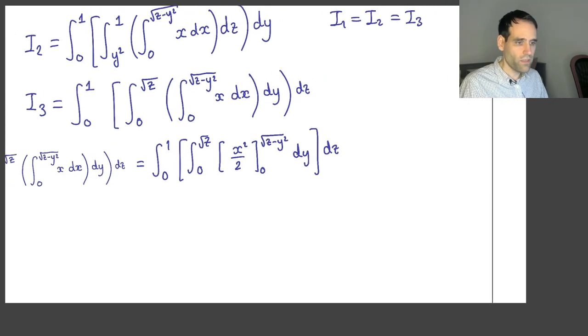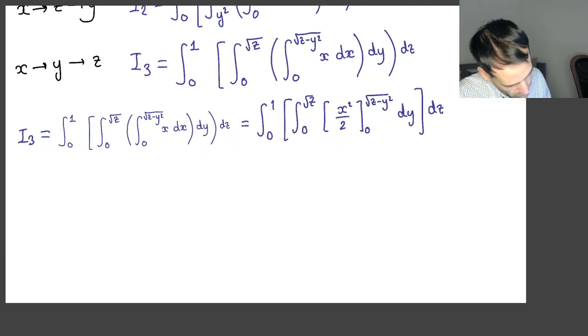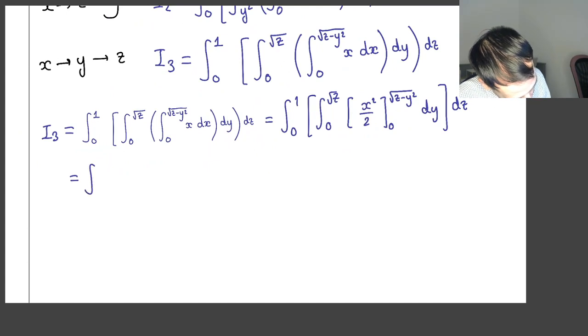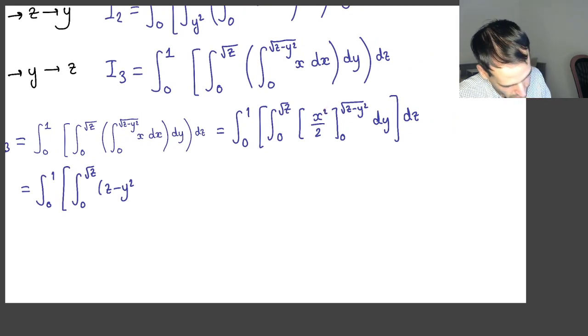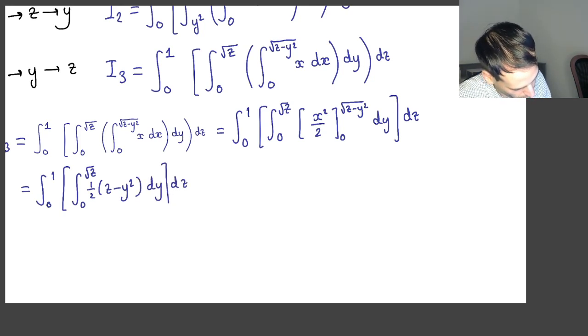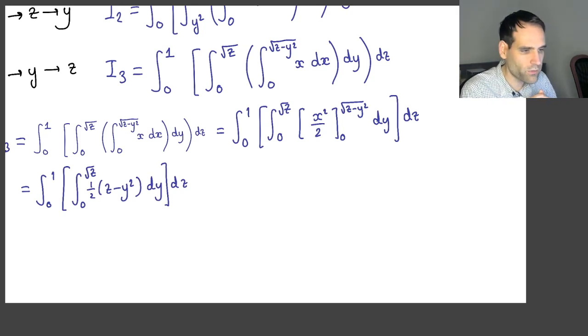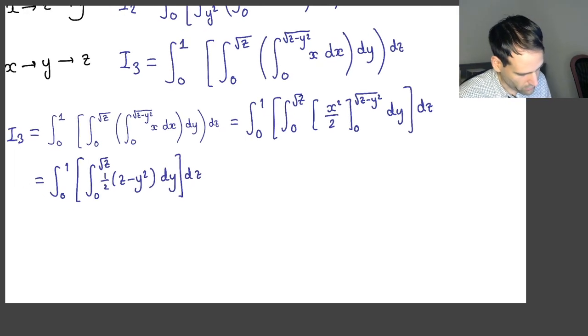Okay? So if we do that, we end up with the integral between 0 and 1 of the integral between 0 and square root of z of z minus y squared, because the square root cancels out with the square, right? Divided by 2, so with a 1/2 in front. dy dz. So now we need to integrate this with respect to y.